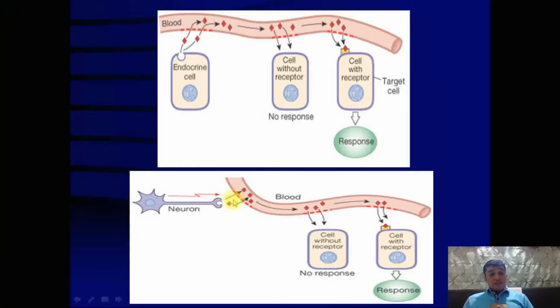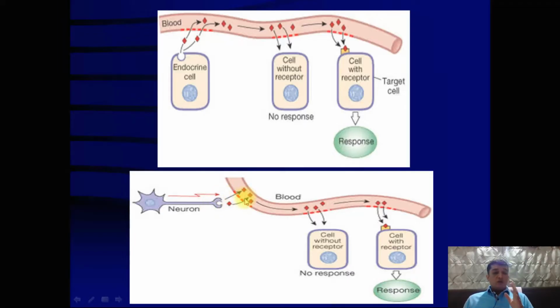But here the chemical released from the neuron goes into the bloodstream, and its behavior is just like a hormone. These chemicals are not released by a gland; they are released by a neurosecretory cell, and that's why they are referred to as neurohormones. I hope it is now clear what the difference is between hormone, neurotransmitter and neurohormone.